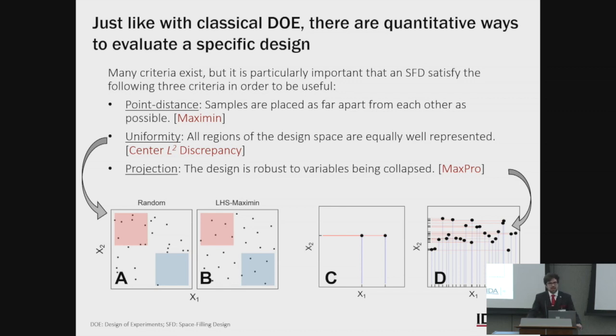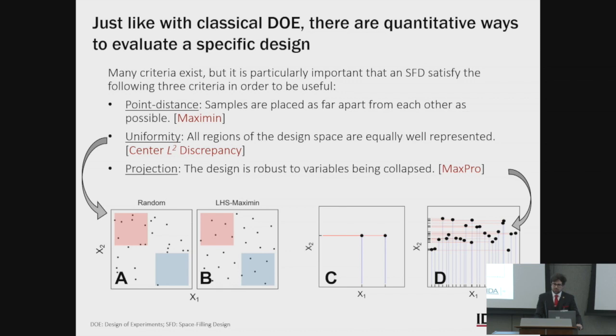So you don't really have good uniformity, since you don't have good representation of all regions of the space, as compared to figure B, where the blue region is represented just as well as the red region. This is a Latin hypercube maximin design, which I'll talk a little bit about in not too long.